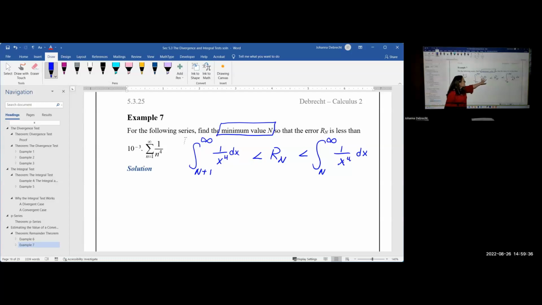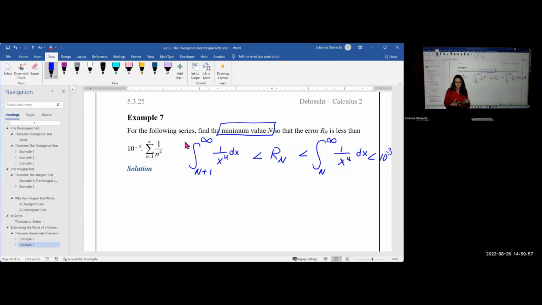So we've got these boundaries on our remainder, and the one we're concerned with is the upper bound. We want this upper bound itself to be less than 10 to the negative 3. So we're sort of discounting the lower bound, and we're just focused on the upper bound.